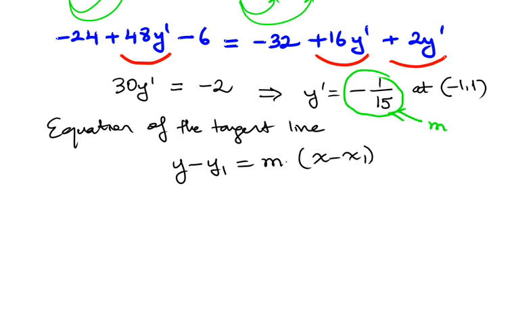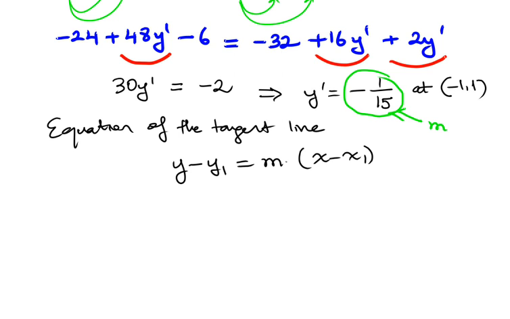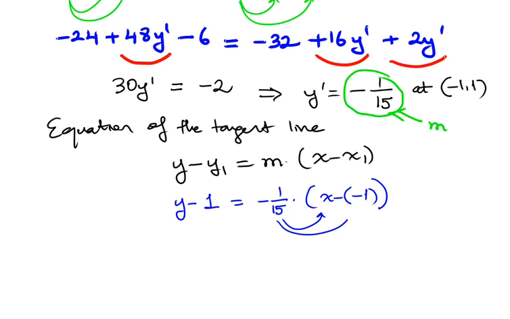Your m is -1/15. Let's go back and plug it in here. So y minus y1, y1 is 1. And then slope is -1/15 times x minus -1. So it is time to simplify this, and minus minus is plus here, and then you distribute this again over here.